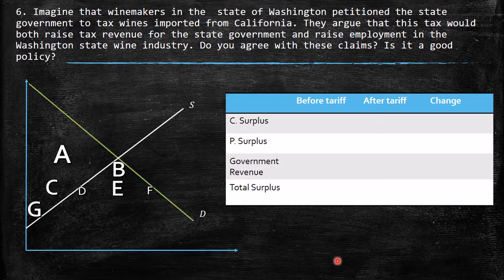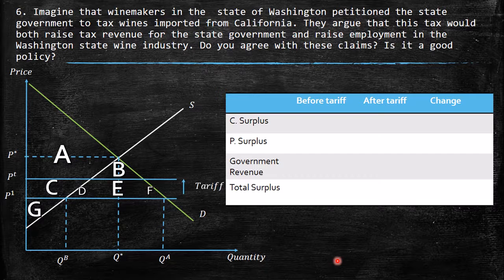So here we have again our normal condition as usual. We have the Q star, P star, the no trade equilibrium, and here we have the P1, which was the import price before tariff. But after the tariff, we will have PT. So naturally, we will have QC, which is higher, which is basically what we really want, that employment is going to be raised in Washington.